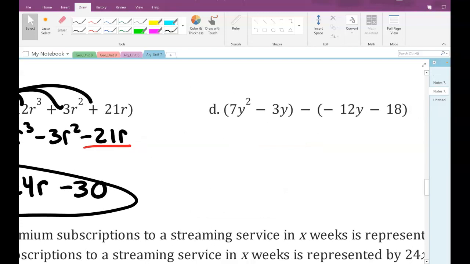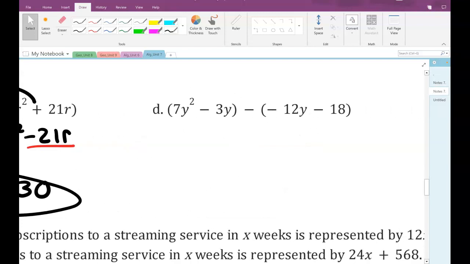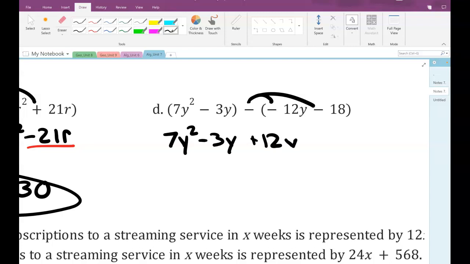All right. D, we're going to take by multiplying the negative 1 into the parentheses. 7y squared minus 3y plus 12y plus 18. Our like terms are in the middle here.